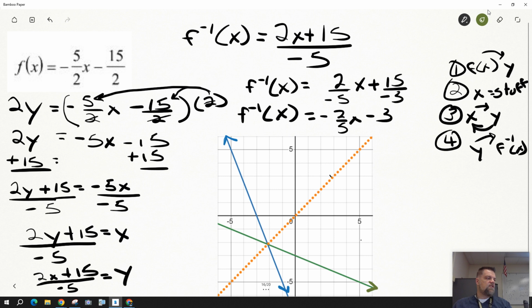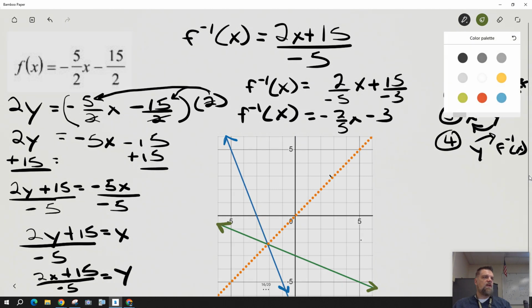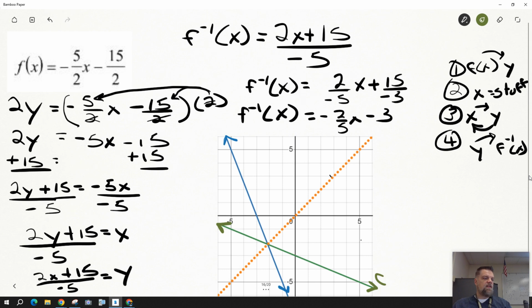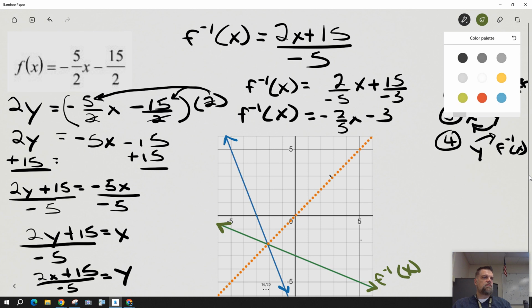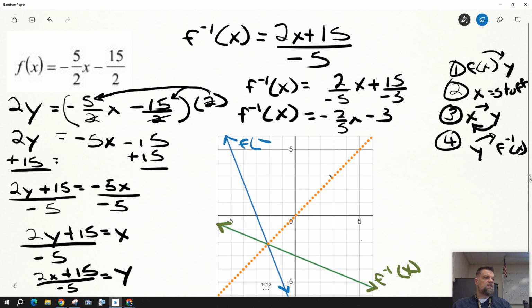If they don't ask you, you got to read the directions. Like this is f inverse, and this is f of x. Whatever they ask you to graph is what you're supposed to graph.